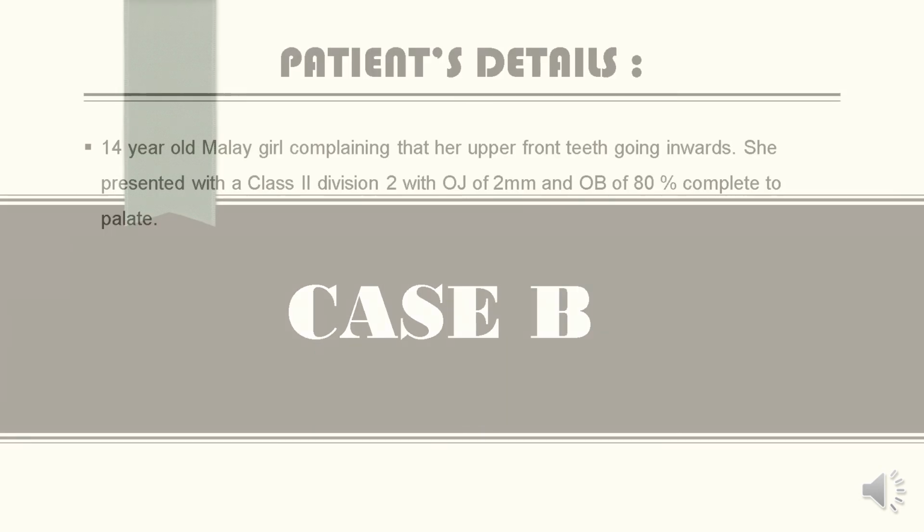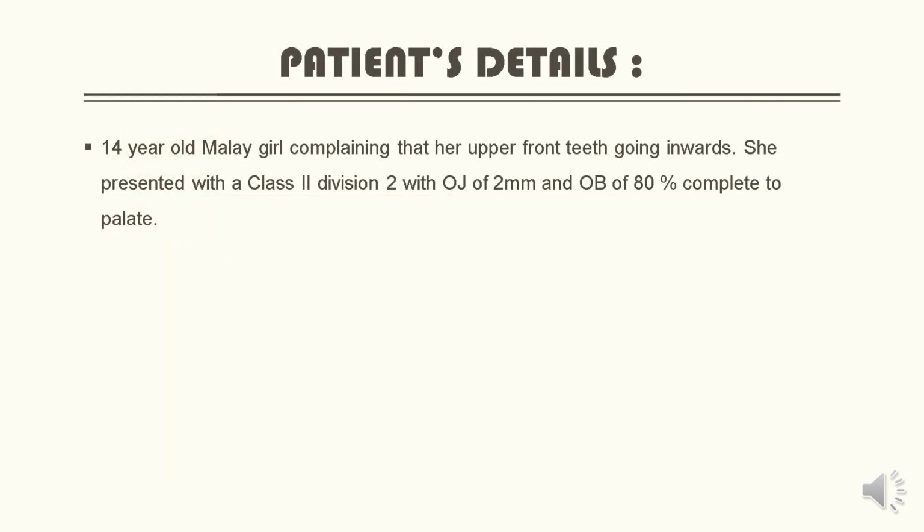For case B, these are the details of the case. She is a 14-year-old Malay girl complaining that her upper front teeth are going inwards. She presented with a class 2 division 2 with an overjet of 2 mm and an overbite of 80% complete to the palate.